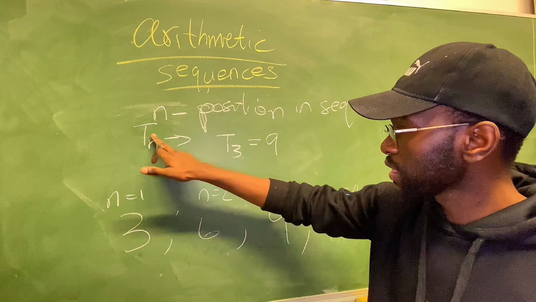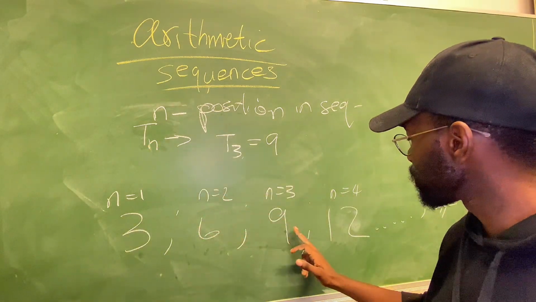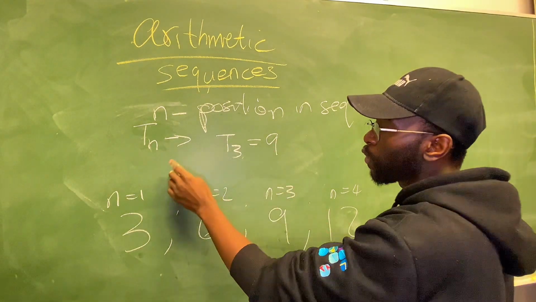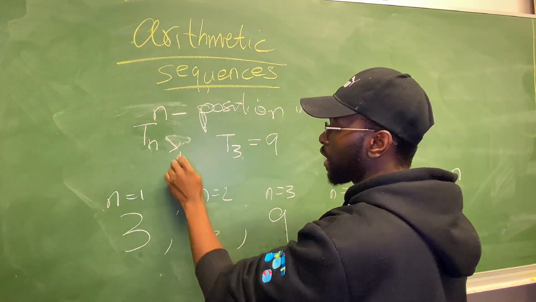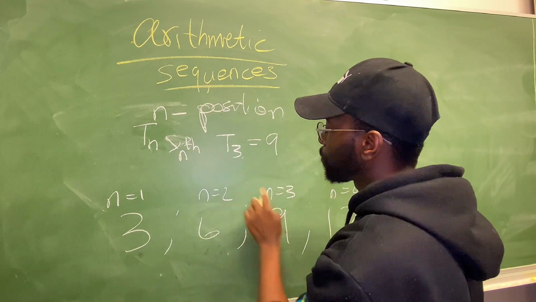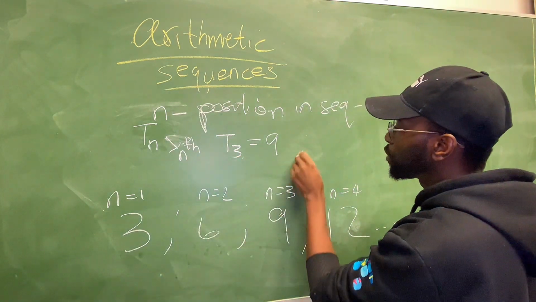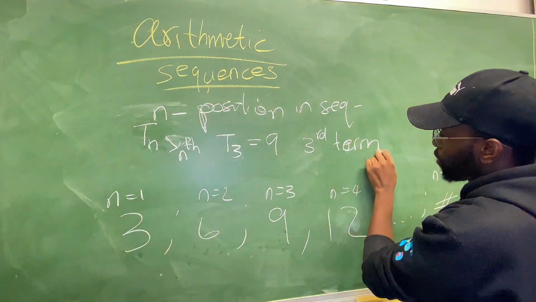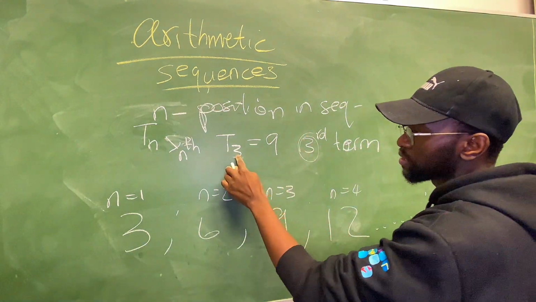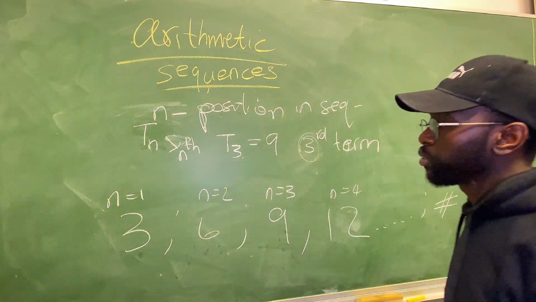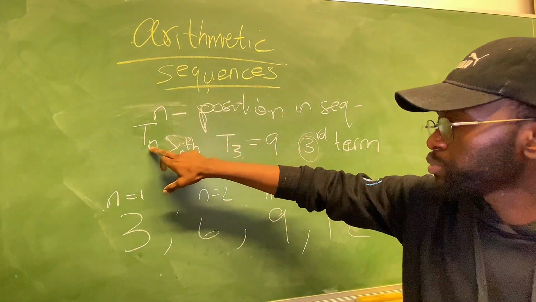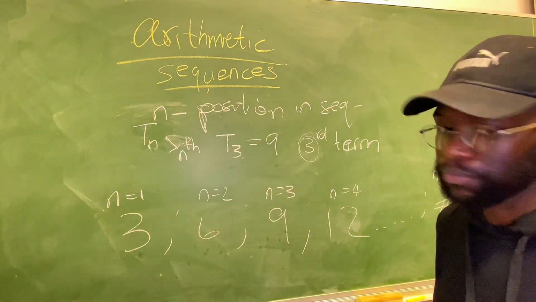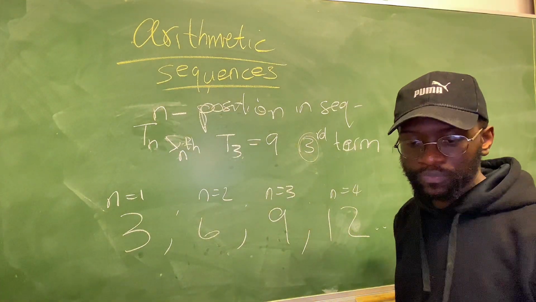So when you see 3 here, you will go to that position 1, 2, 3 and find that value. So our Tn is our nth term. So T3 will be our third term. So n gives us the position, and T gives us the value there on that position.